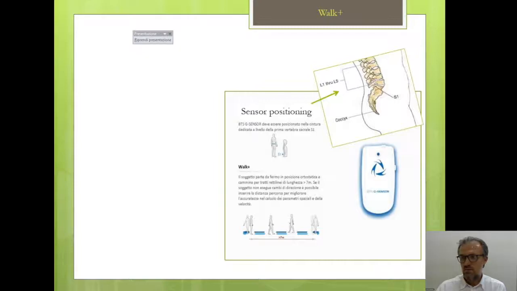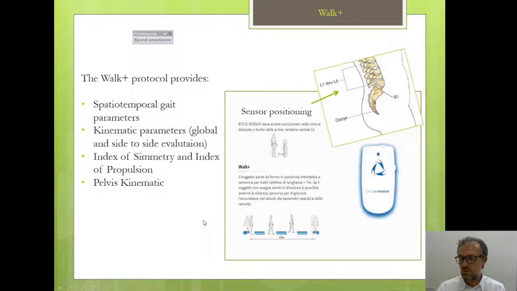because we have to ensure accurate performance while placing the sensor at the S1 level with our patients. In this way the assessment of gait will be strongly supported by all the possible inertial and accelerometer data provided by the system. We can use this sensor even during the turn, because the system is able to provide this data.